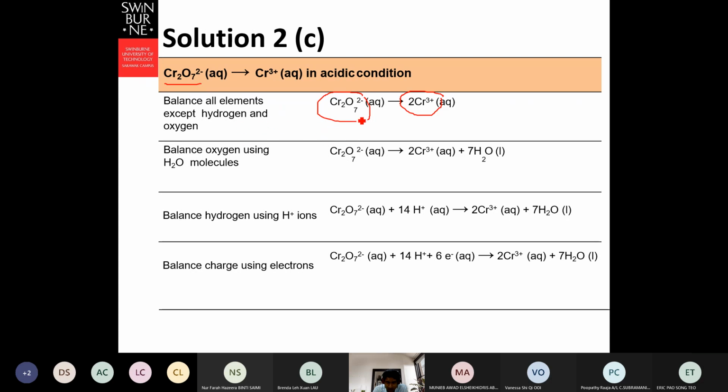But although on the right side, or the product side, it does not show me anything about oxygen, I understand that I have to balance the equation, and that is why I have to show this oxygen had been used up or something. I cannot just say, okay, from 2 chromium, I make 2 chromium 3 plus and that is done. No, I have to consider this oxygen as well because it was on the reactant side.